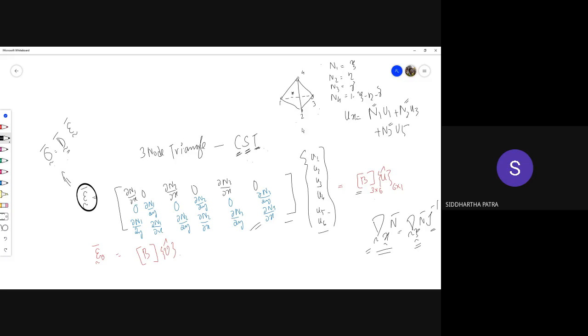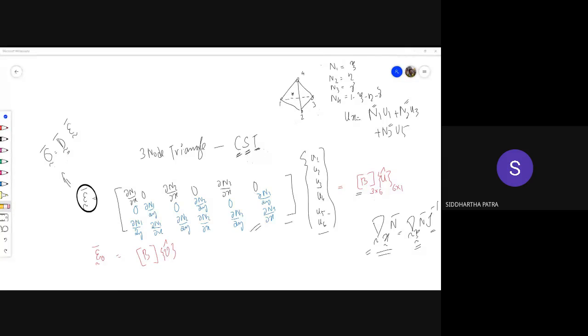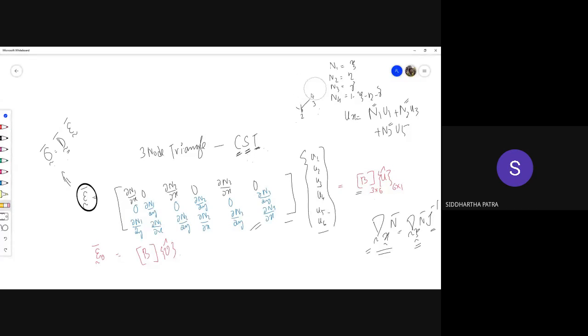Okay, so I'm not showing the proof here, but you can imagine something like this will happen. So the 3D version of the CST element is a four-noded tetrahedron element.